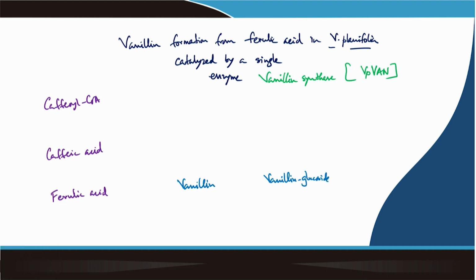Now, if you put the arrow, caffeoyl CoA to caffeic acid is basically the thioesterase.